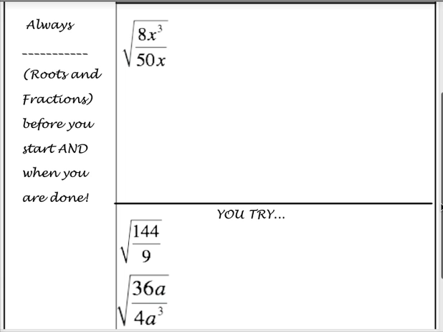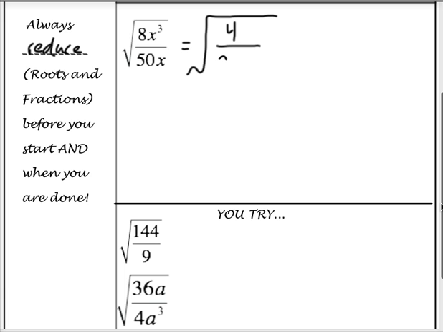So let's look at something like this. Like I said, we always want to reduce our fractions first, okay? So before we even consider the square root, let's simplify the inside of that radical. So 8 over 50. Well, I can reduce both of those by 2.